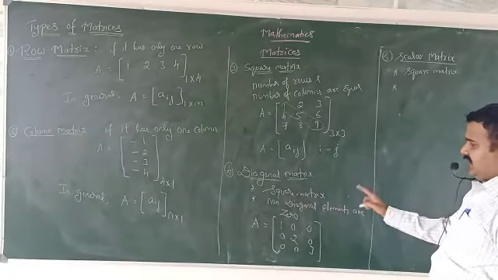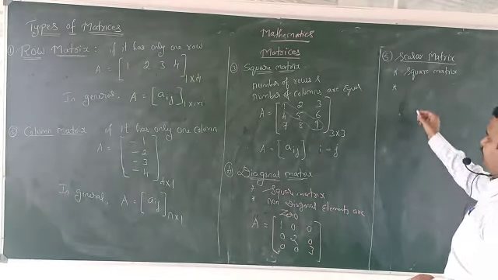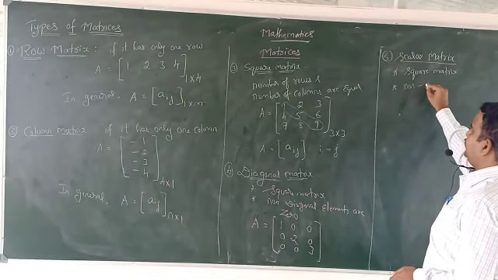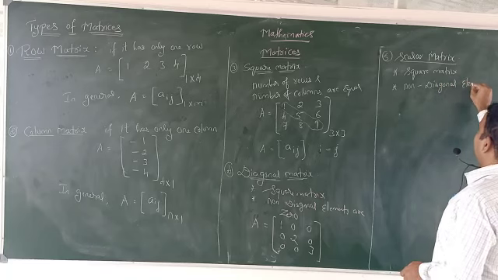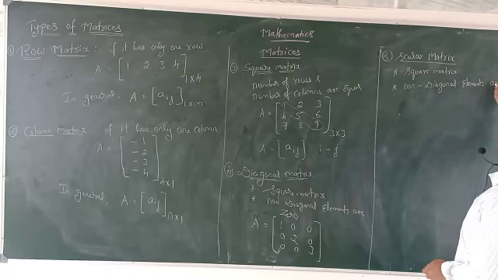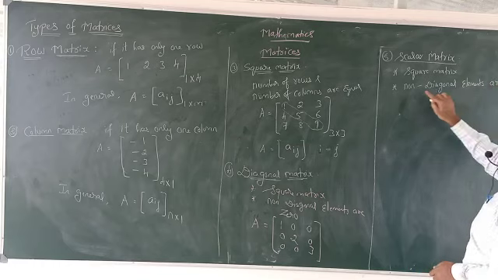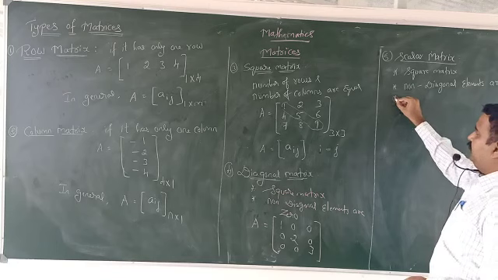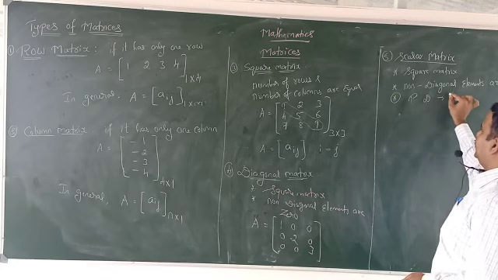In the diagonal matrix, the non-diagonal elements are zeros. Here also the same condition applies: non-diagonal elements are zeros. And one more condition is there: the principal diagonal elements are equal.